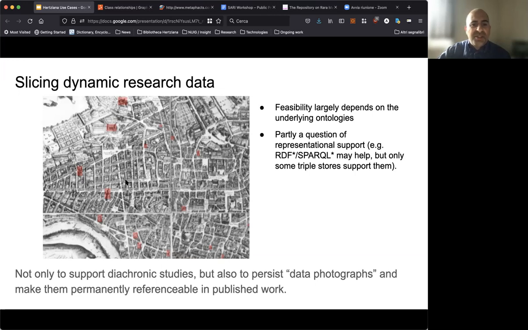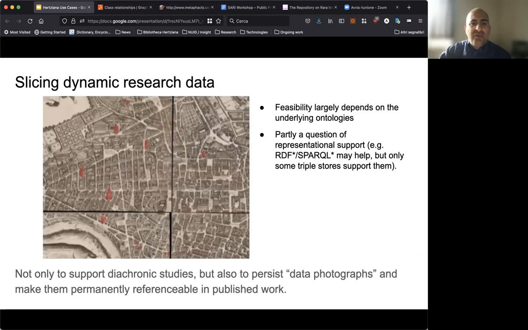Now, this is not just a question of maps, it's also a question of having the data represented in an evolving and diachronic way. But it's also subordinated to the ability of the platform to take slices of these aggregated data and show them accordingly. So a snapshot at a given instant.